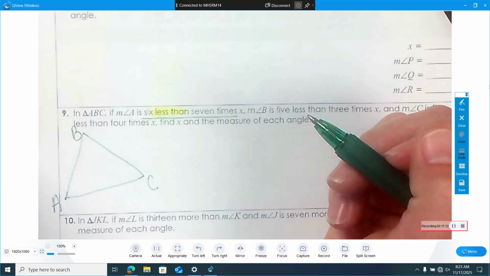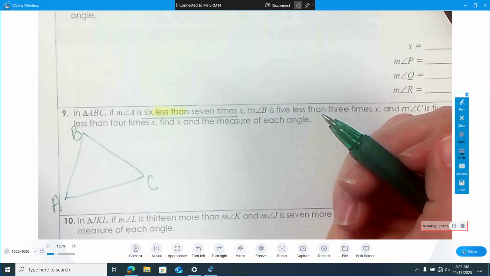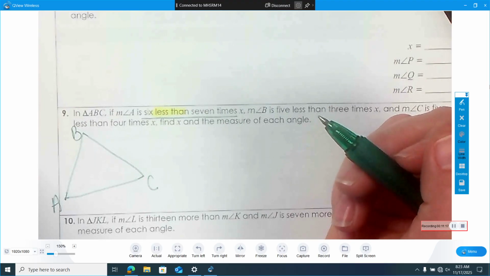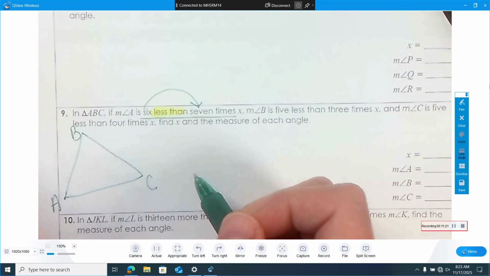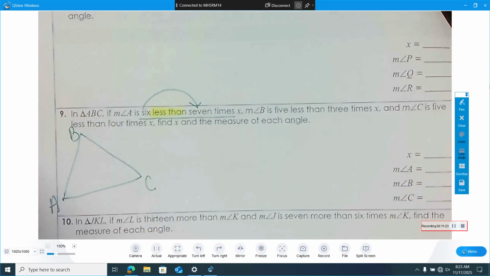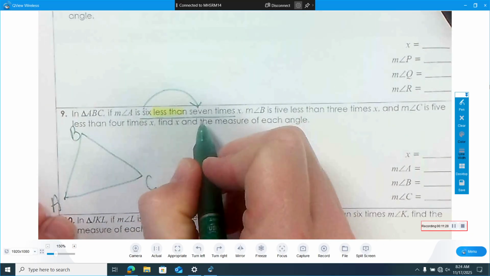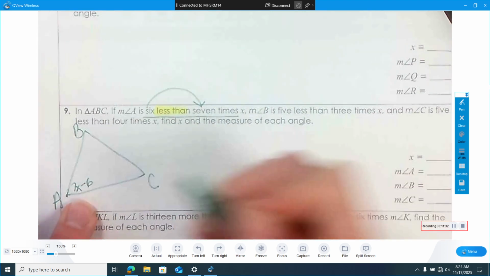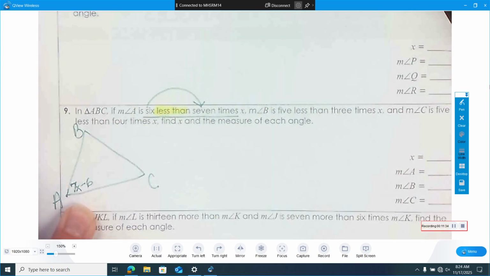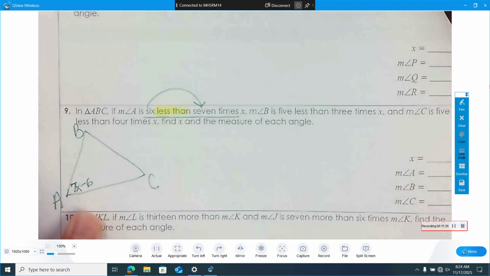Less than is a turnaround phrase, meaning it's going to switch the order. So that 6 actually goes at the end. Because in order to be less than something, you have to have something to be less than. Like there just has to be something first. So 7 times x, then less the 6. So 7x minus 6 for the measure of angle A.